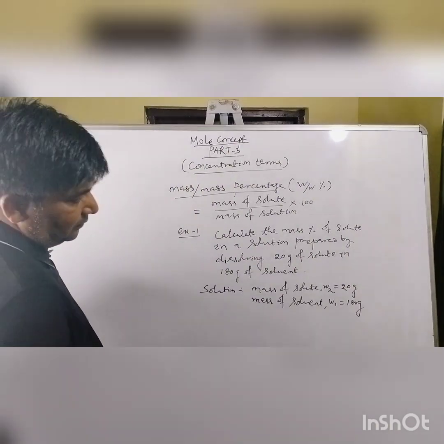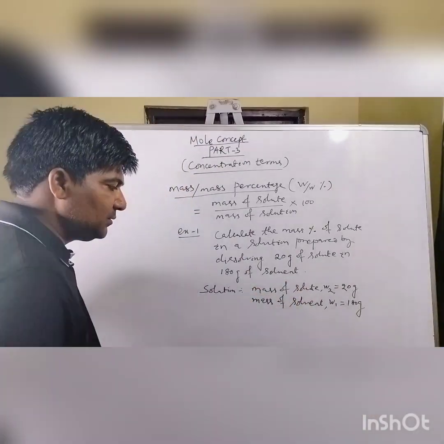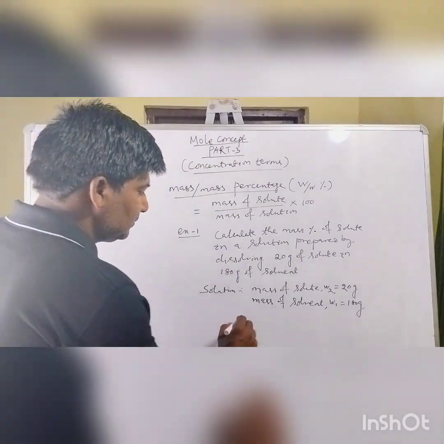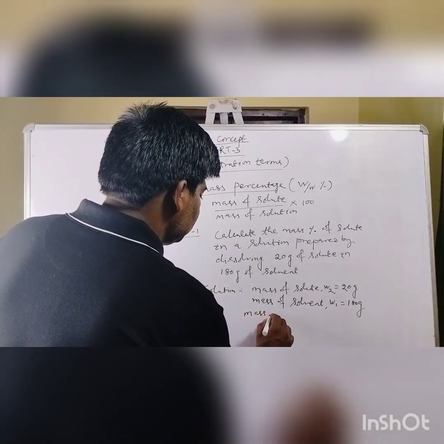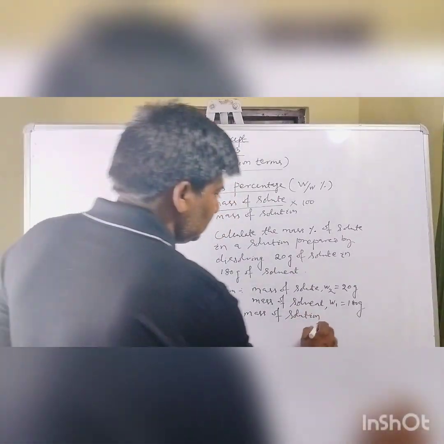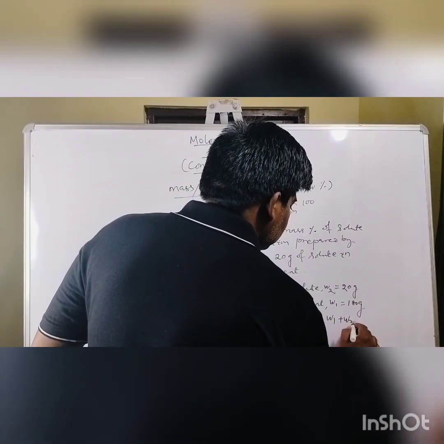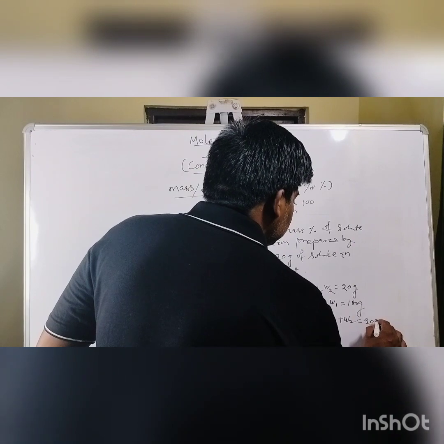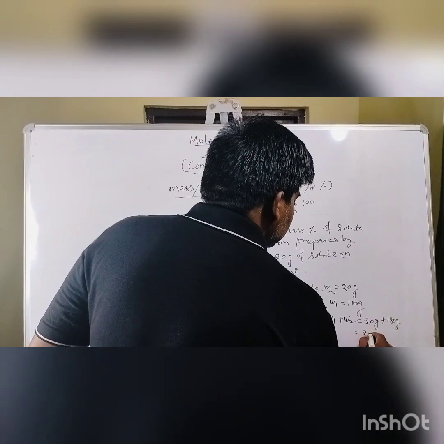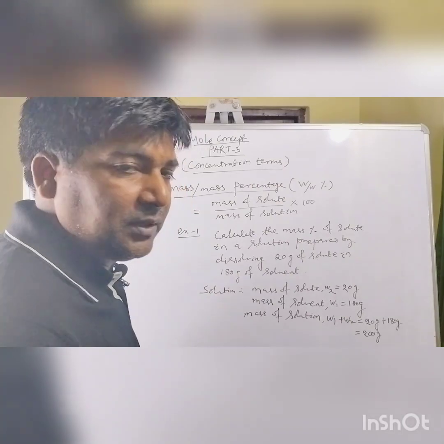Okay, I hope you can see it clearly. So mass of solution is given by W1 plus W2, is equal to 20 gram plus 180 grams. That gives 200 grams. So total mass of the solution is 200 grams.